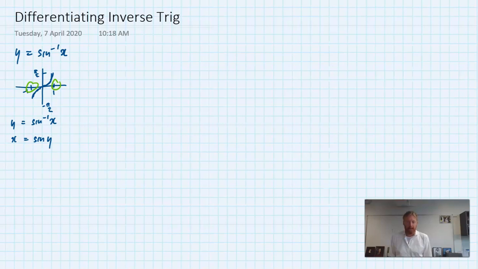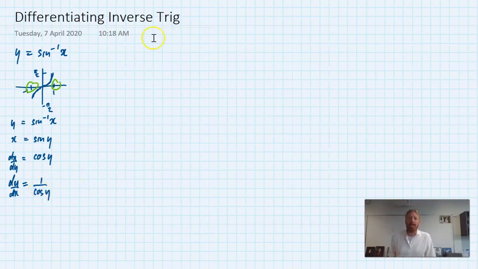Now from this I can't find dy dx, but I can find dx dy, which goes to, sine goes to cos, so we're differentiating with respect to y, cos y. And I can flip this guy, dy dx equals 1 on cos y.